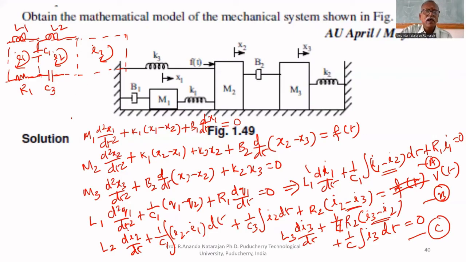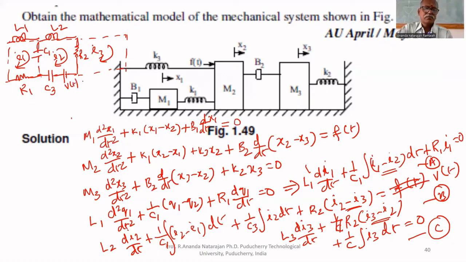R2 is between the second loop and the third loop. The applied voltage is V(t), which is also in this loop only, not common, therefore we will draw it here.